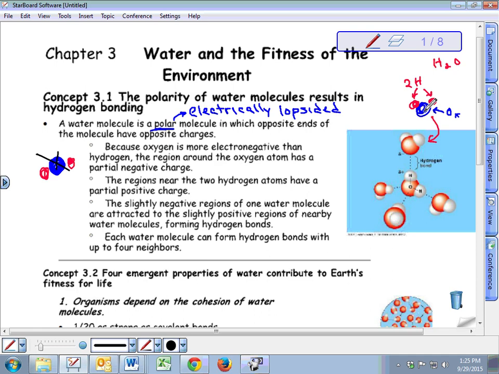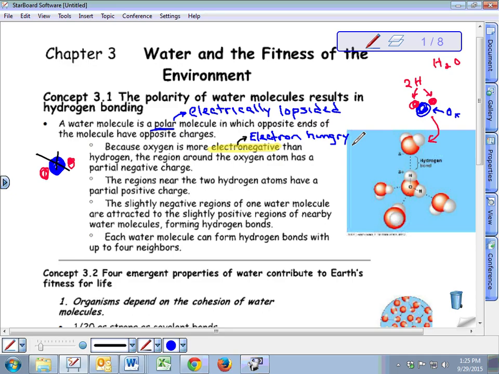I'm guessing that from physical science you do not recall the term electronegative. Or do you? Basically, the term electronegative means it's a measure of the degree of attraction an atom has for electrons.